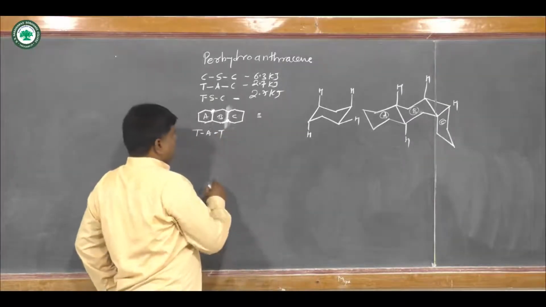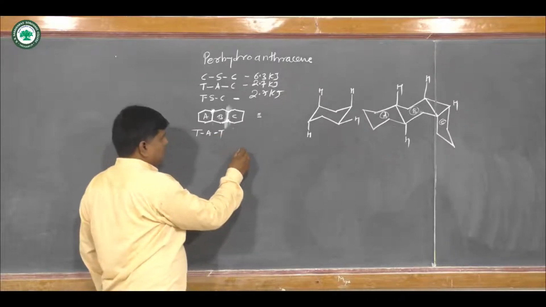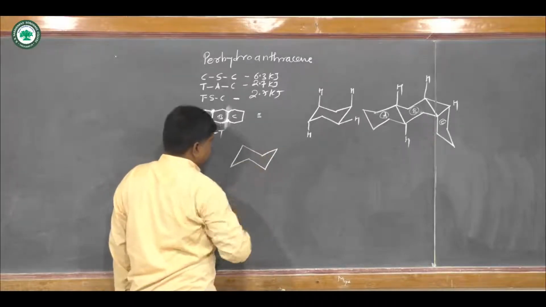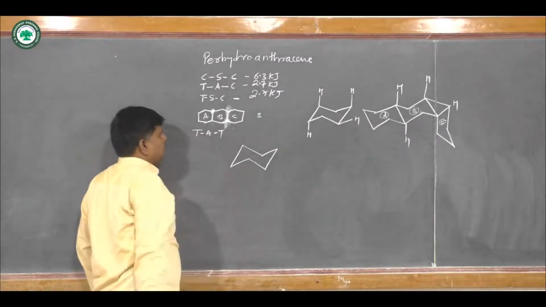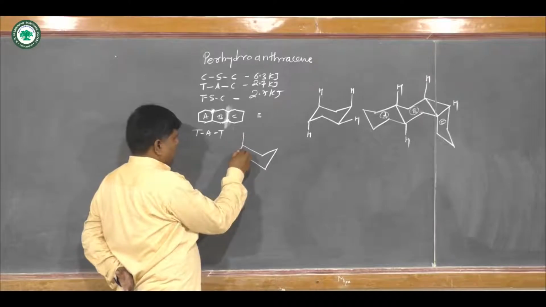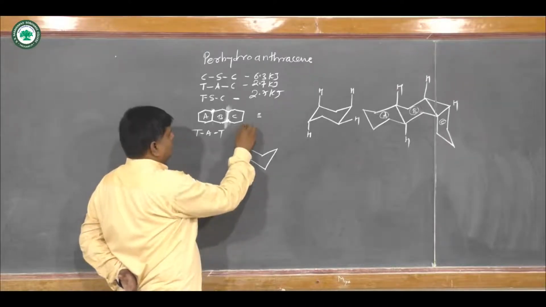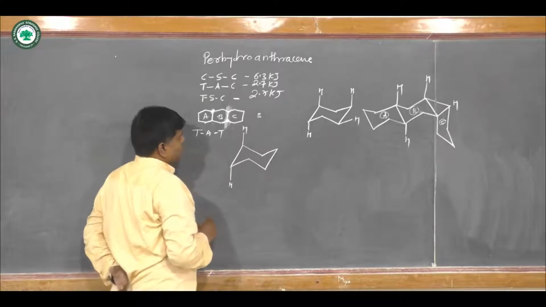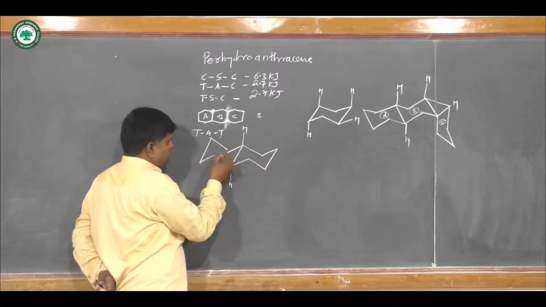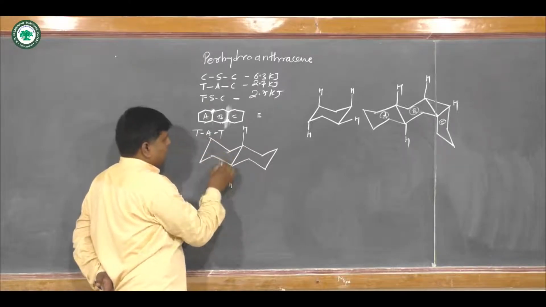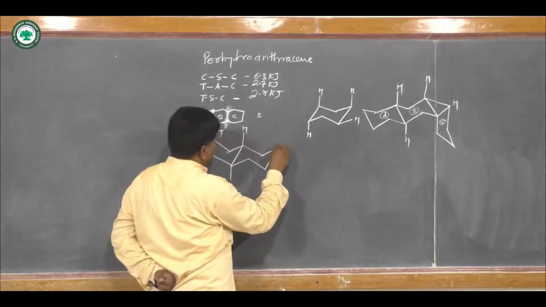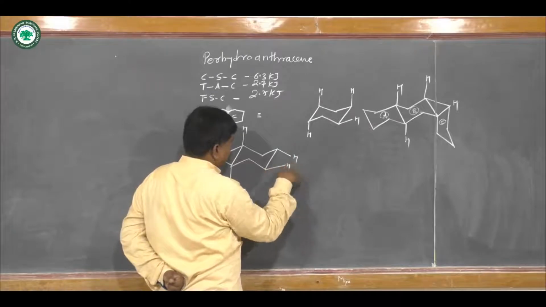Then we try to convert that structure into the chair conformation. Suppose this is your chair, trans anti trans, and suppose this is one proton, this is another one. Suppose A is fused with B, written like this, and B is fused with C. Here the proton is like this, and this ring fusion is also such a type.